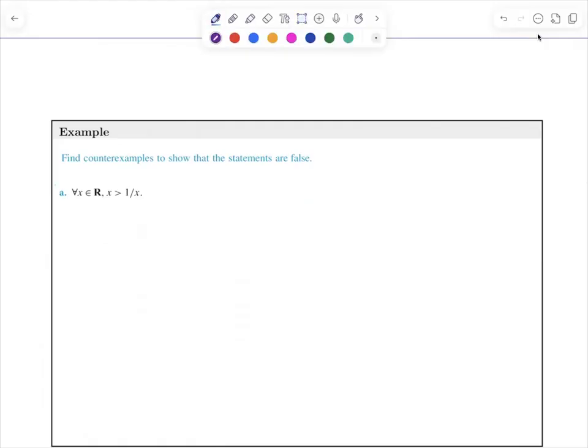First of all, this is a universal statement. This universal statement is true if and only if it's true for every single value in the domain.